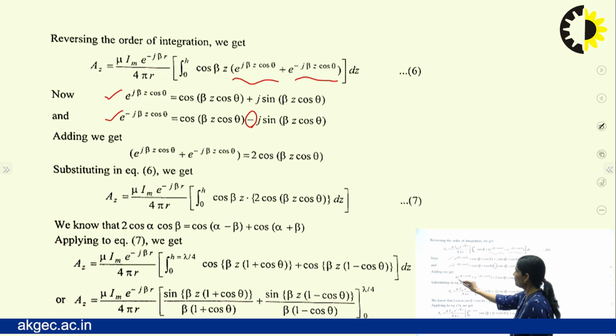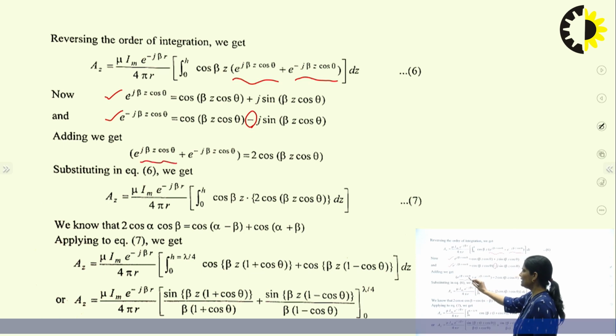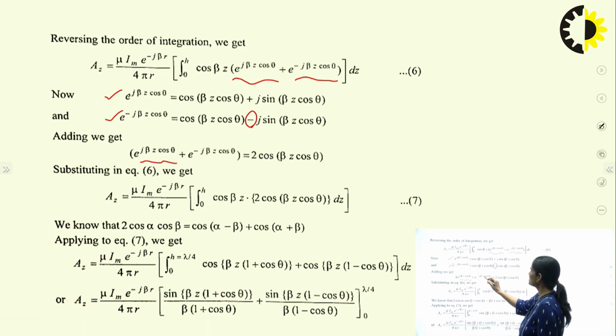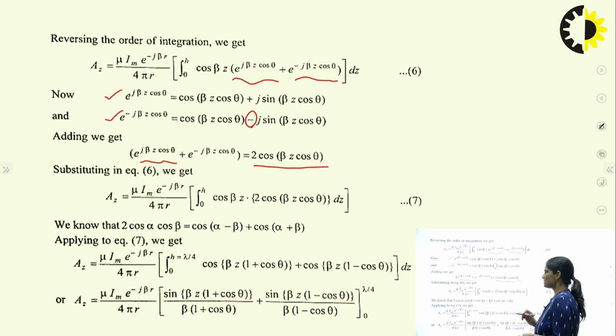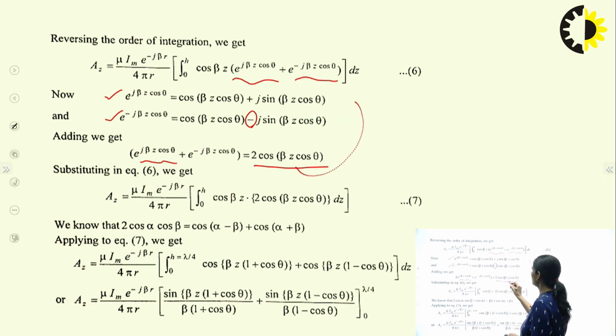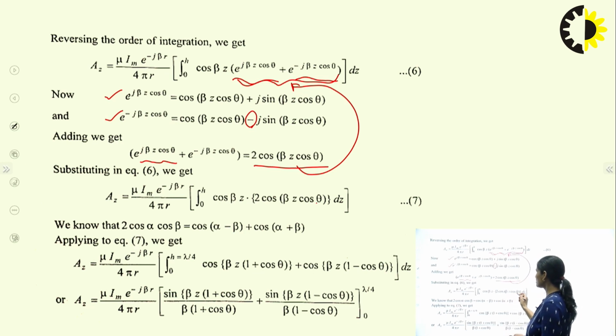So when you are adding e to the power j beta Z cos theta plus e to the power minus j beta Z cos theta, when you put these equations, you will get this result 2 cos beta Z cos theta. So you can directly write here 2 cos beta Z cos theta.